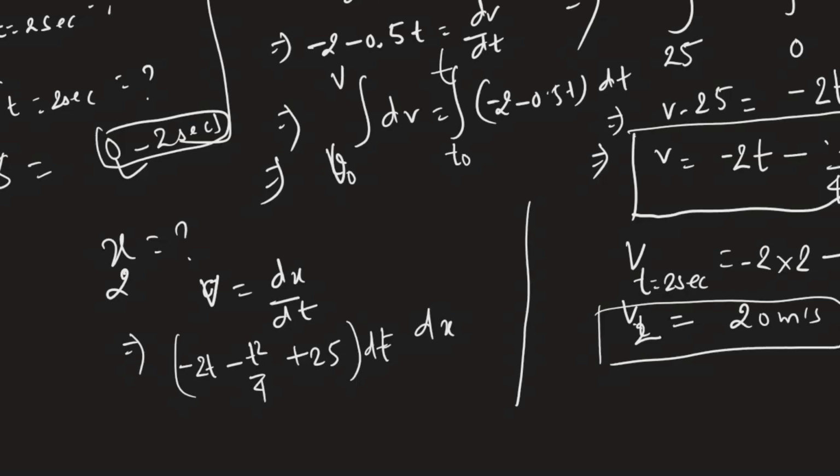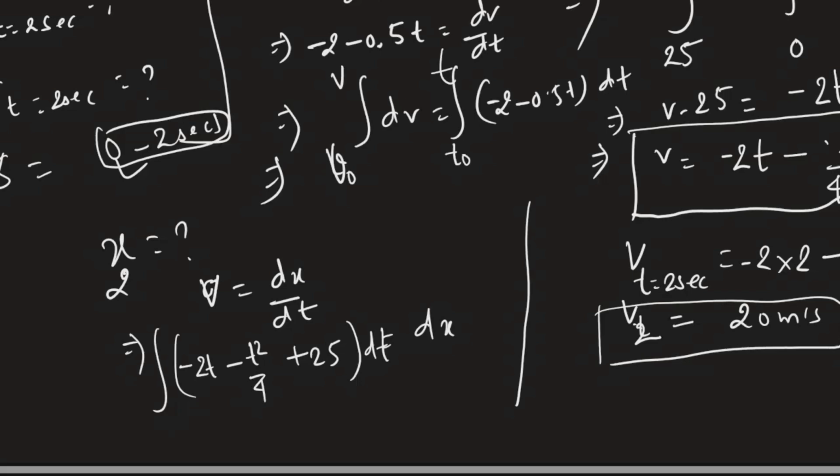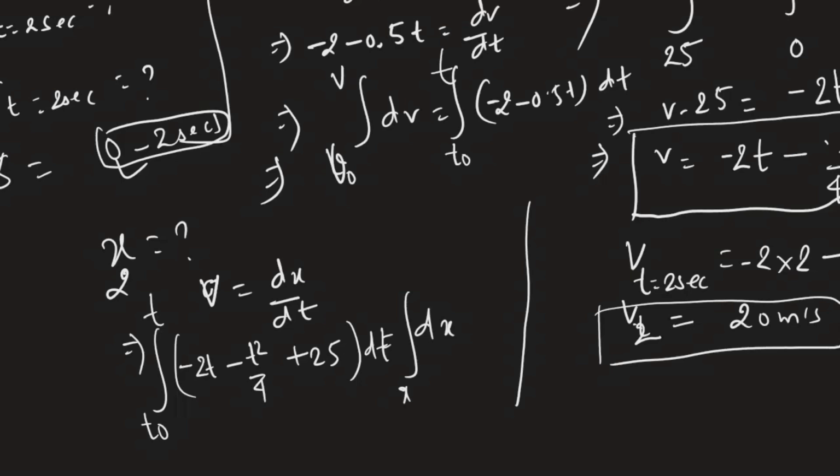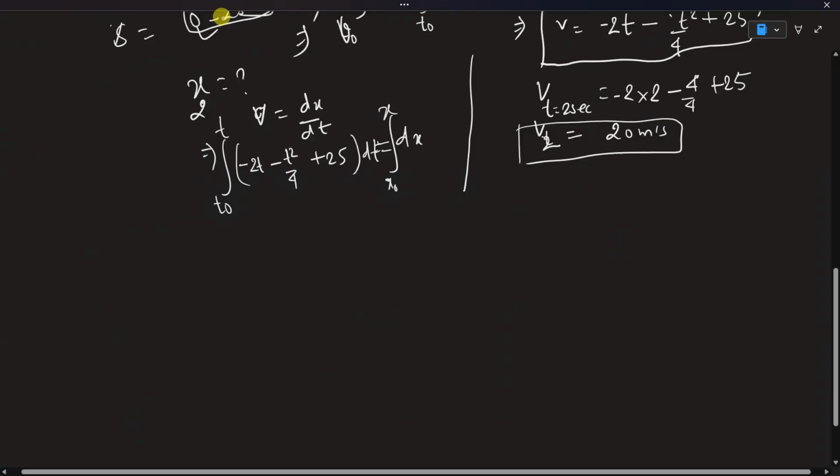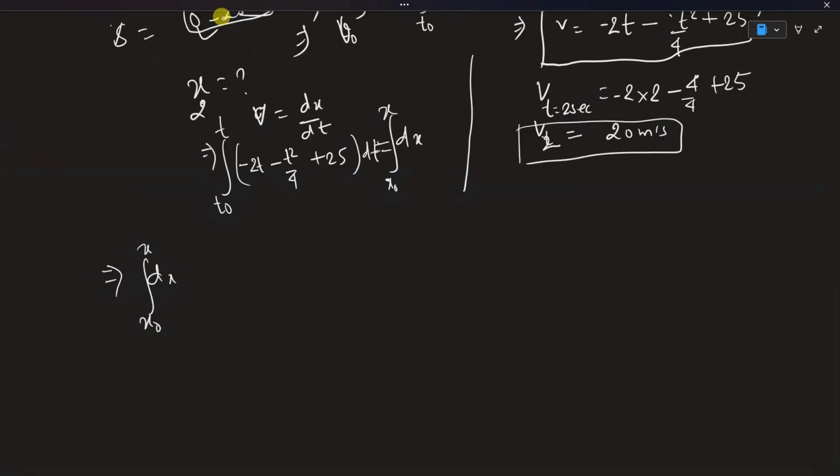So now you have to integrate this from t naught to t, and integrate from x naught to x. The equation is like this: dx, integrate x naught to x, equals integrate t naught to t of minus 2t minus t square by 4 plus 25 in terms of dt, right?